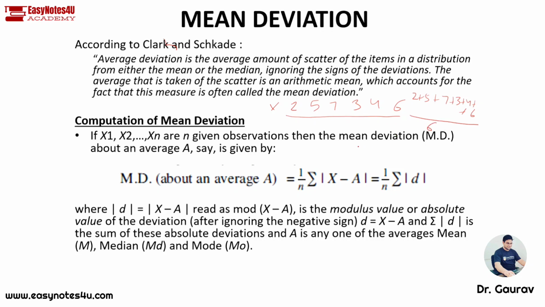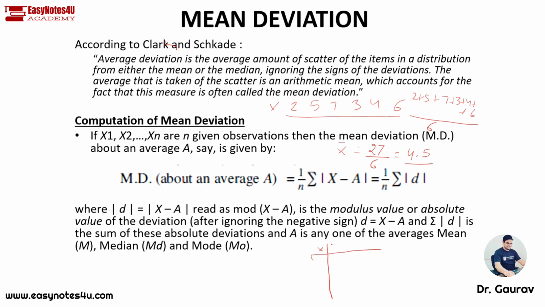So what will be the average? 2 plus 5 is 7, 14, 17, 27. Summation x is 27, divided by n, which is 6. So the average will be 4.5.